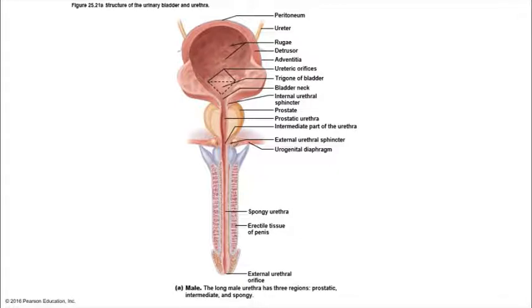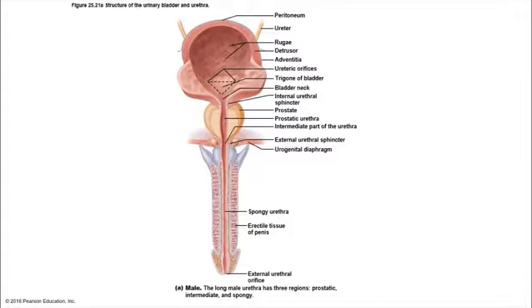After the bladder, you enter the urethra. And you know from our previous images that right below the bladder in males is the prostate. So you can see in this image, part of your urethra passes through the prostate. That's what we call the prostatic urethra. Then after the prostate, you're basically at the floor of the pelvis.